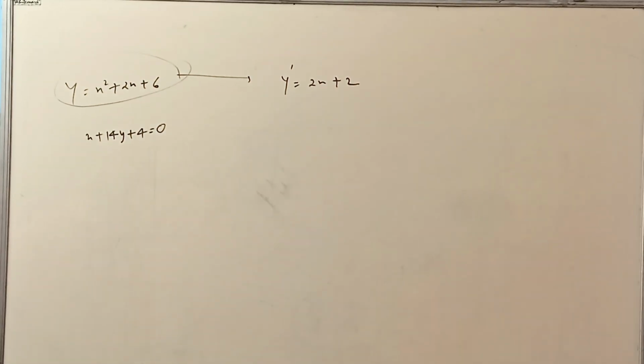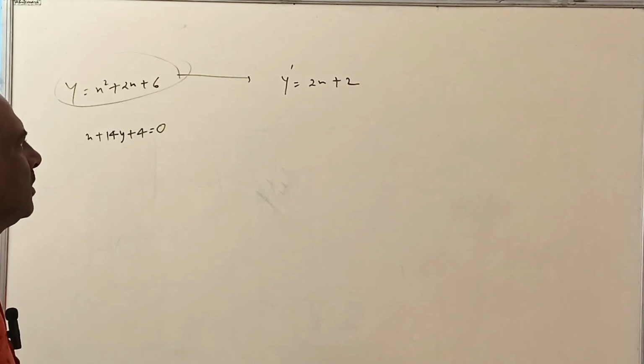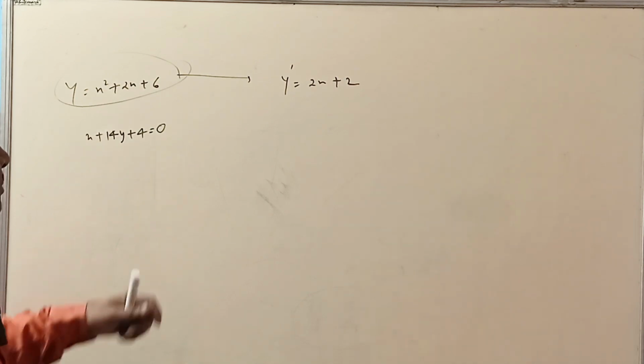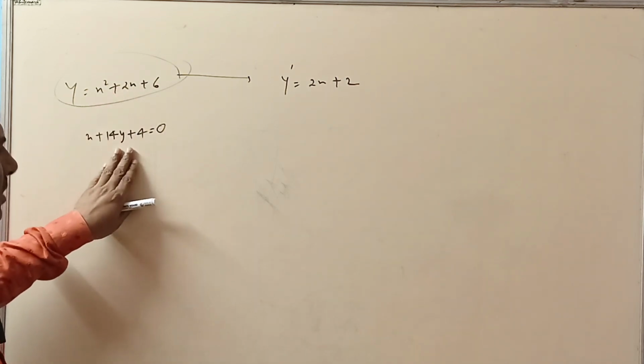Then you are given a line, x + 14y + 4 = 0. And the main thing is the normal to the curve is parallel to this line.